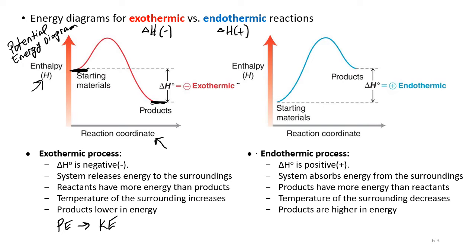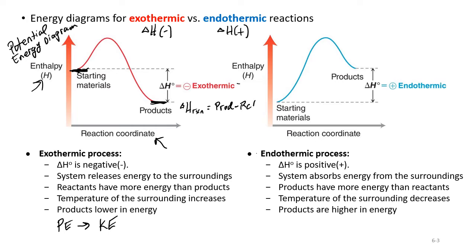And you can think of mathematically, delta H for a reaction is the change in enthalpy for your products minus reactants. Let me just simplify this. There's a better way to write it, but let's just keep it simple.